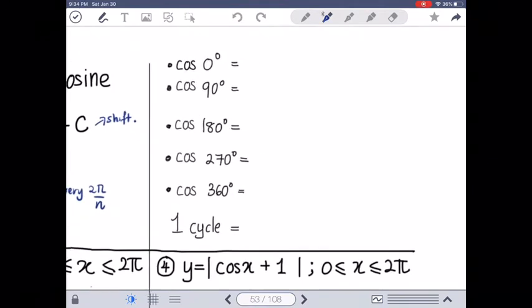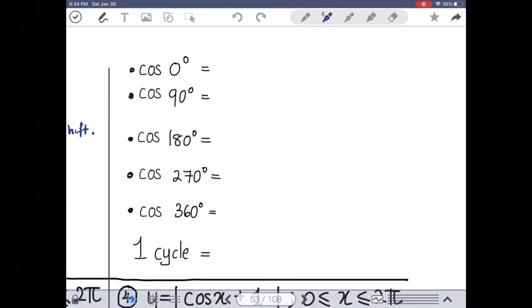Now let's have a look at the basic cosine graph first. Suppose that we have y equals cos 0 degrees, which is just equal to cos 0 radians, which equals 1 if you press your calculator. Cos 90 degrees, which is cos pi over 2, equals 0.